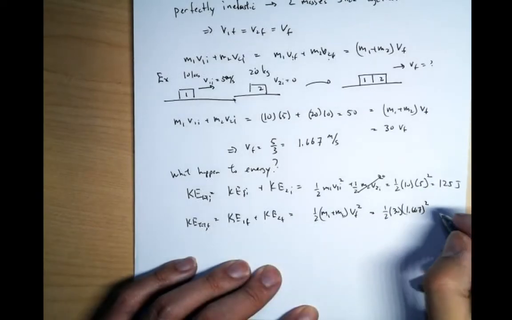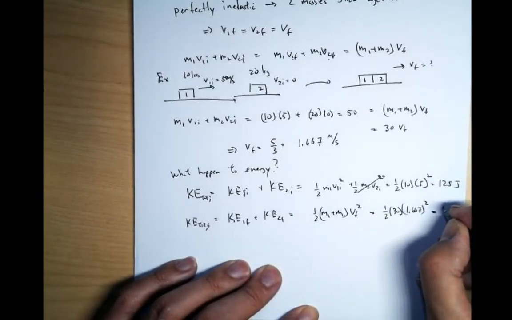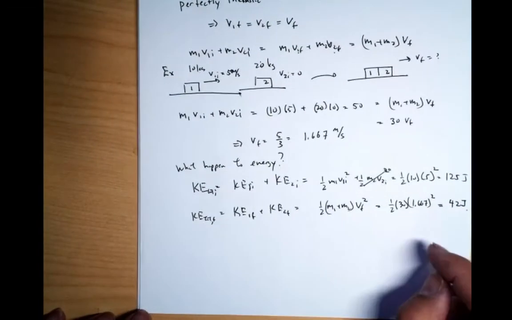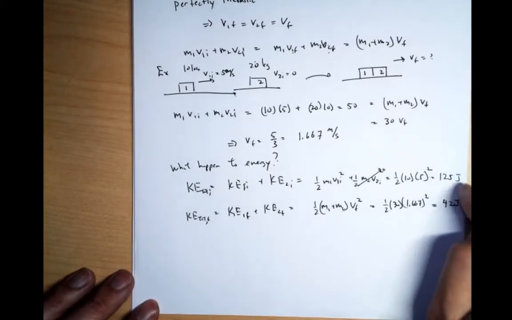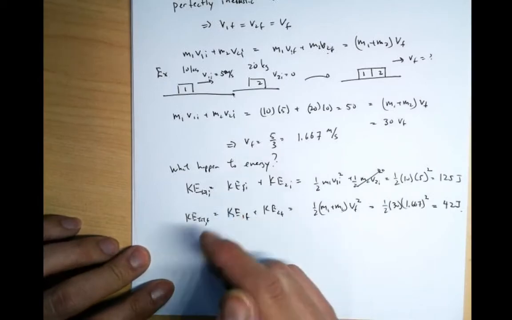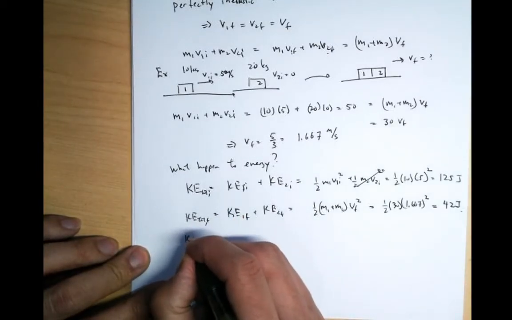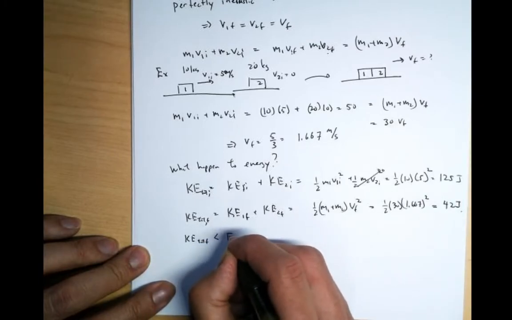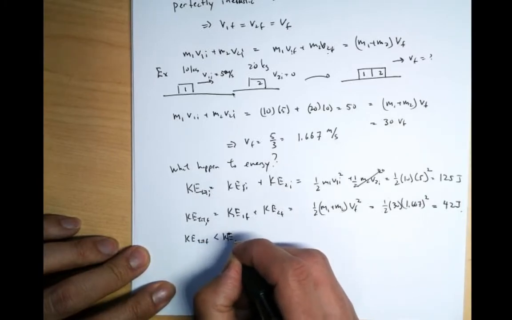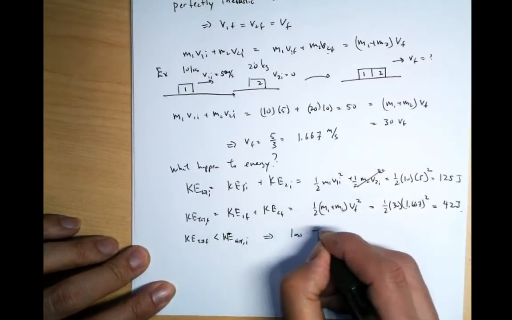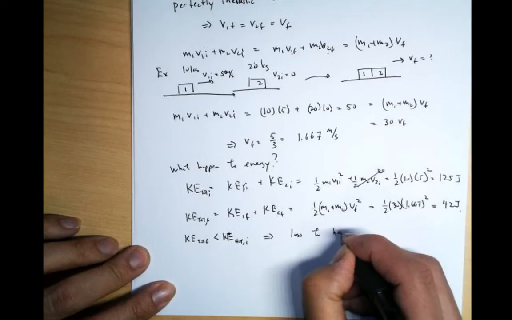And so this is just going to be, on your computer, about 42 joules in this case. So the initial state has more energy than this one. The difference is that this is lost to heat when this collides. So kinetic energy total final is less than kinetic energy total initial, which means it was lost to heat.